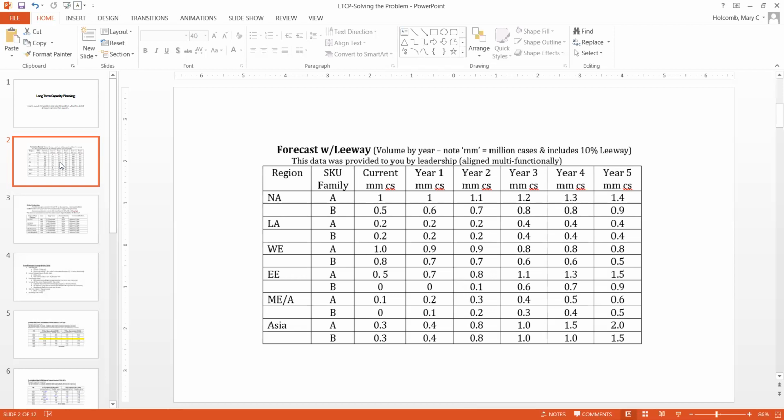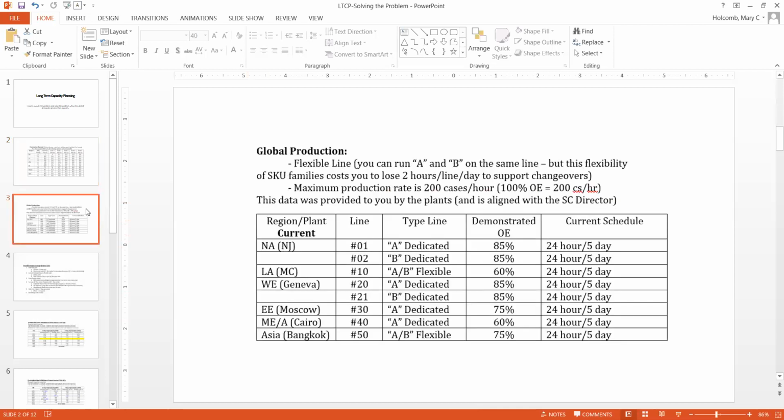So please make sure that when you're doing this type of problem or this type of analysis in your job, that you understand what that leeway needs to be. So this chart is for North America, Latin America, Western Europe, Eastern Europe, we said the Middle East, as well as Africa, and then Asia. So this is the chart that we were given because it was already calculated for us.